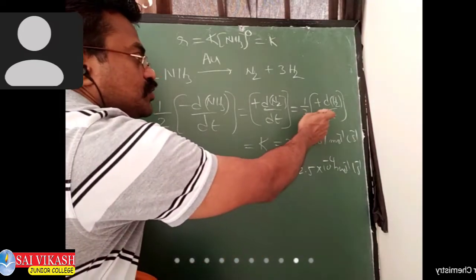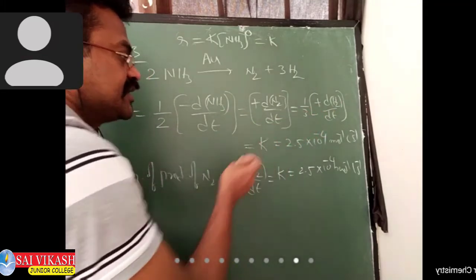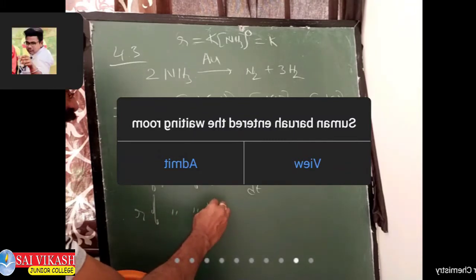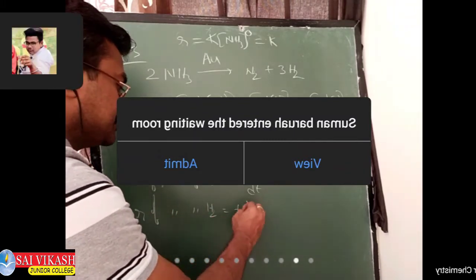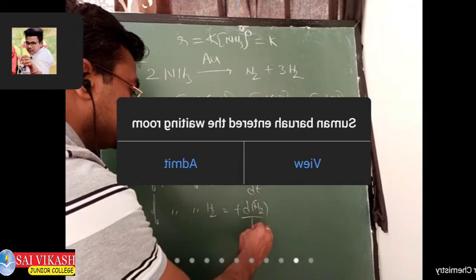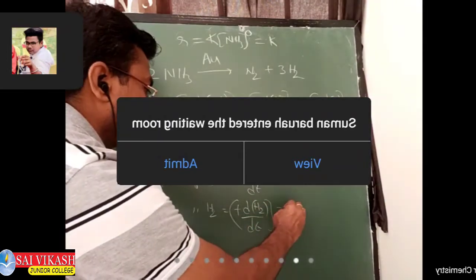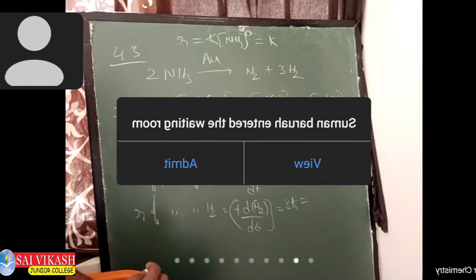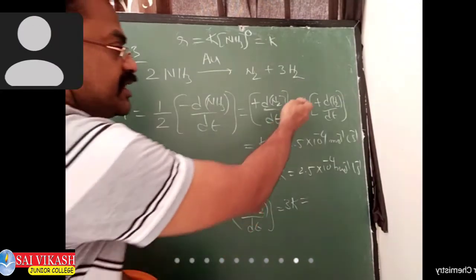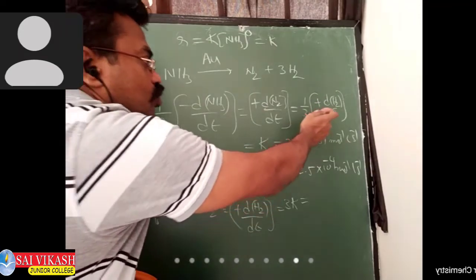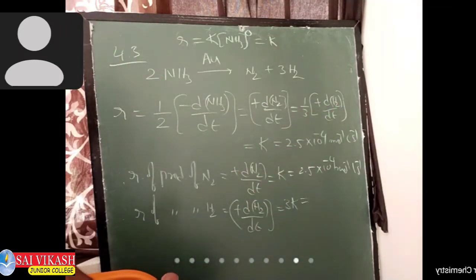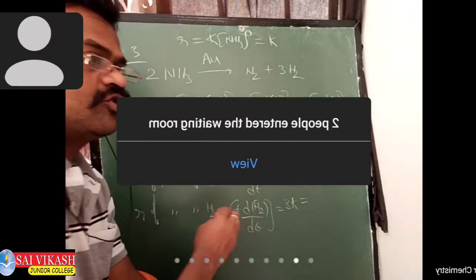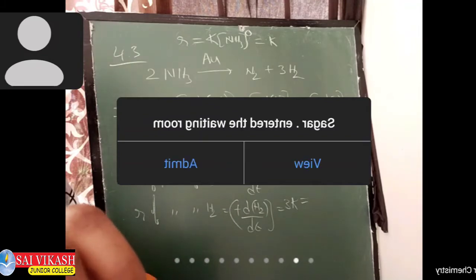So for H2, only this one. Now we have to cross multiply by 3. Therefore, the rate of production of H2, plus d of H2 by dt, is equal to 3 times K, means 3 into K, because 1 by 3 into this equals K. Only the square bracket is the rate of production of H2. So cross multiply by 3. 3 into 2.5 is 7.5.